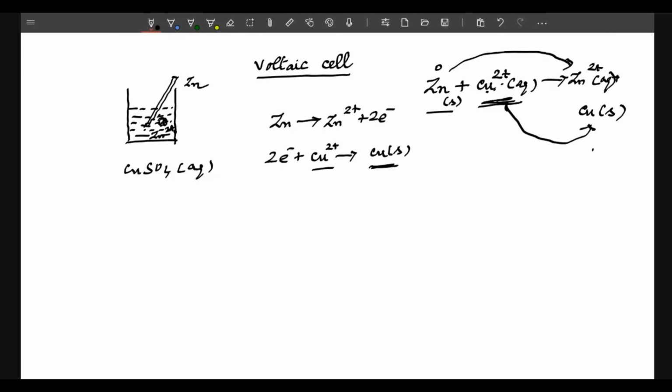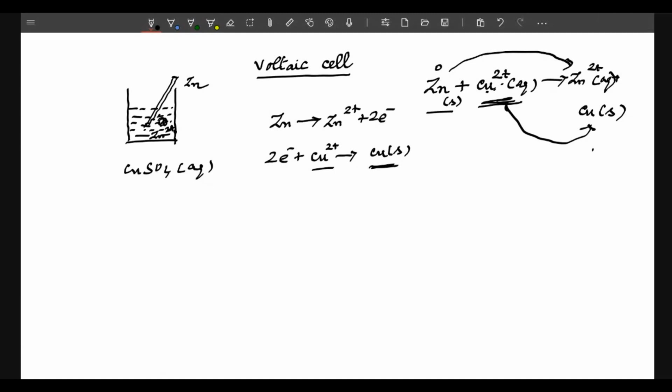Here, whether the electron is transferred or not, and from where to where: zinc is transferring electrons to copper 2+. Therefore, copper 2+ is converted to copper. And we can visually see the color change. Therefore, we can come to the conclusion that reactions are taking place and electrons are transferred. But using this reaction, no net applications are possible in our case.